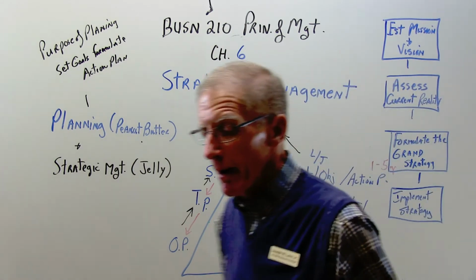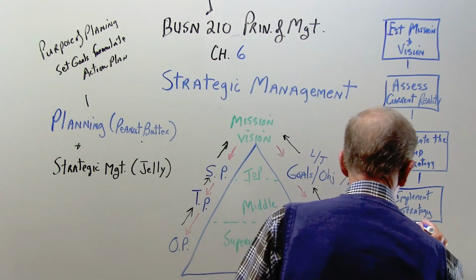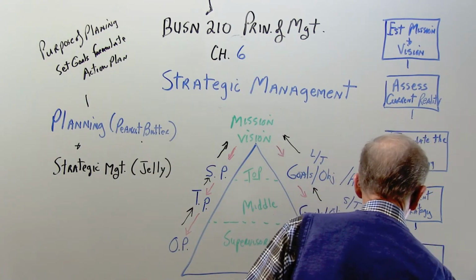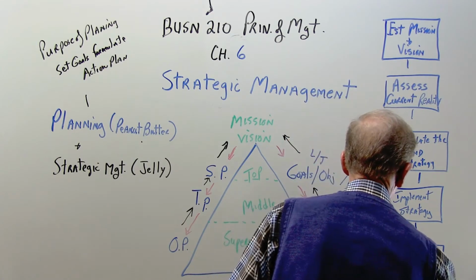I'm going to hang on just a minute. I'm going to go behind camera. Yeah, I think I can squeeze one more in that you can see. Implement the strategy. And then number 5 is maintain strategic control.